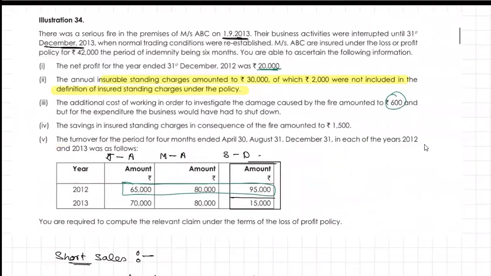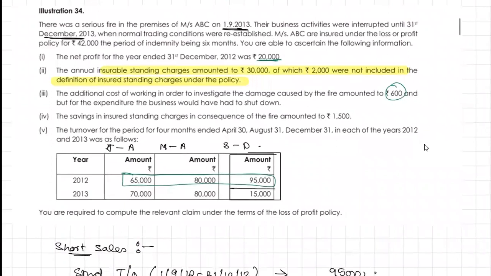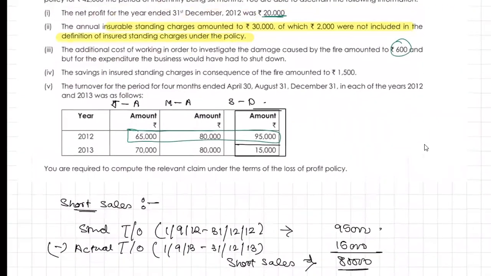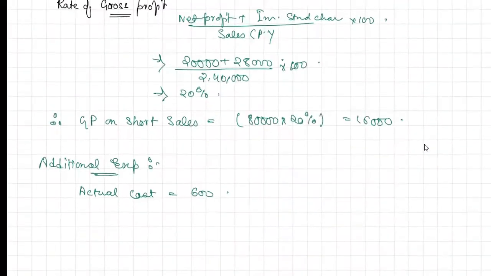Now see, savings was of 1,500. Okay, savings was of 1,500. So can I say savings 1,500? And next is what we write?